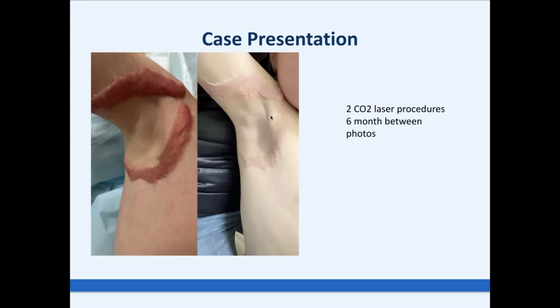We performed 2 CO₂ laser procedures, with 6 months between these photos. I also want to add that it was not only CO₂ laser; I like to use corticosteroids, but not as injections in children, rather as home care after the procedure.